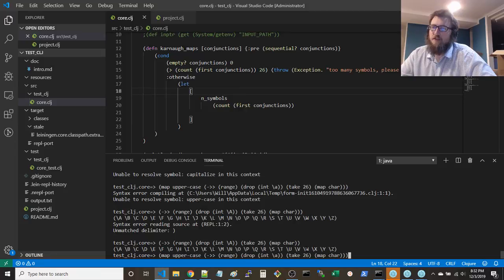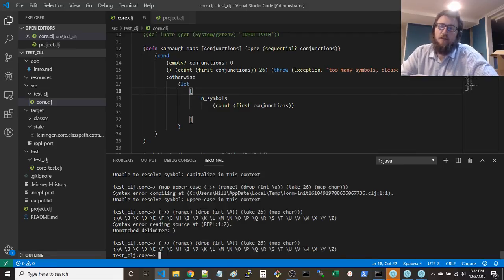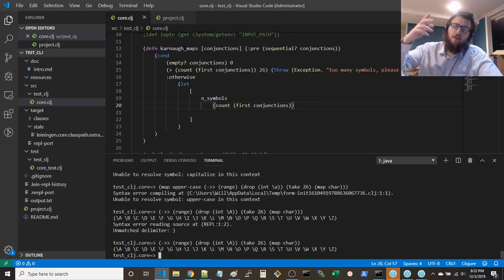Lowercase a, uppercase a. However you'd like to do it. And then what you can do is, depending on this number of symbols, you can take from the uppercase and the lowercase, and you can get sort of the on or off.